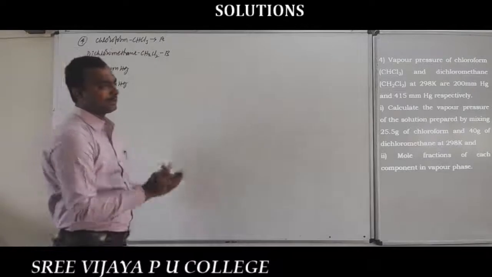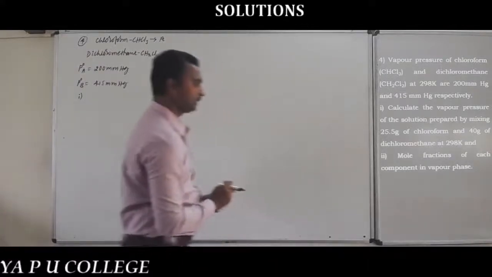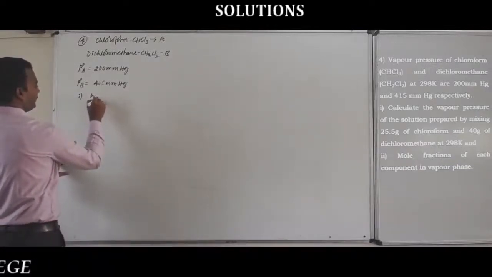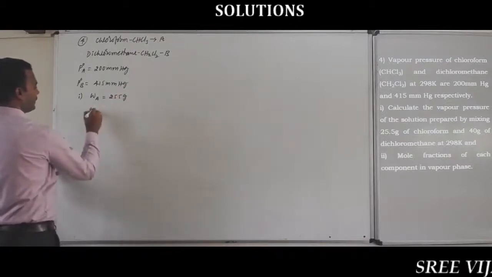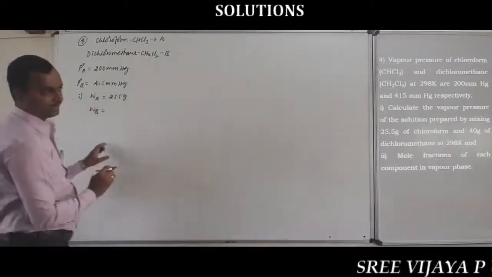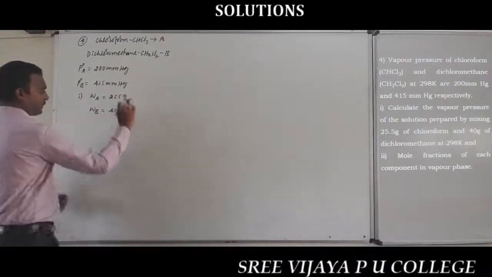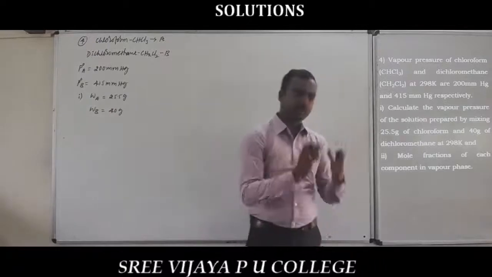When the two are mixed, the amounts are 25.5 gram of chloroform and 40 gram of dichloromethane. That is, the mass of chloroform A is 25.5 gram, and the mass of component B, dichloromethane, is 40 gram. When these many grams of components A and B are mixed, we get the solution.